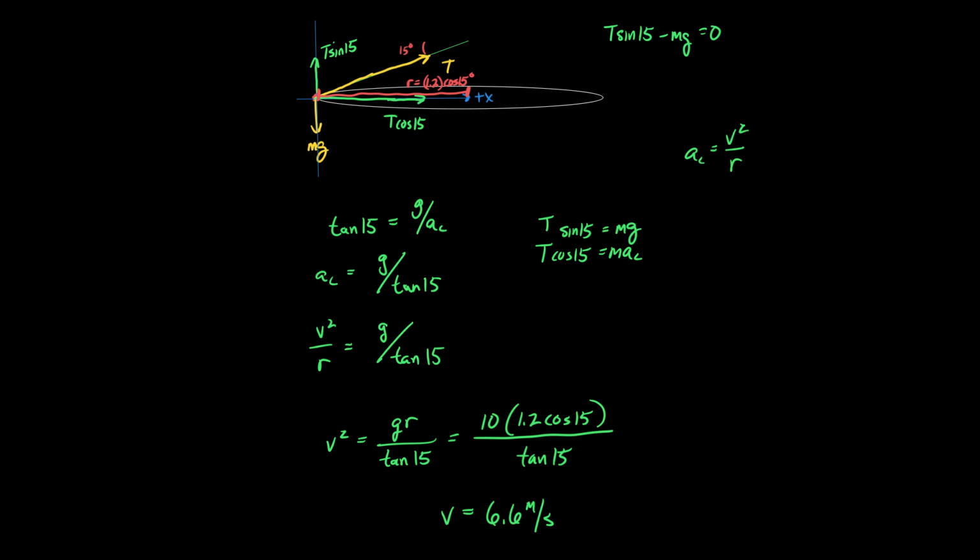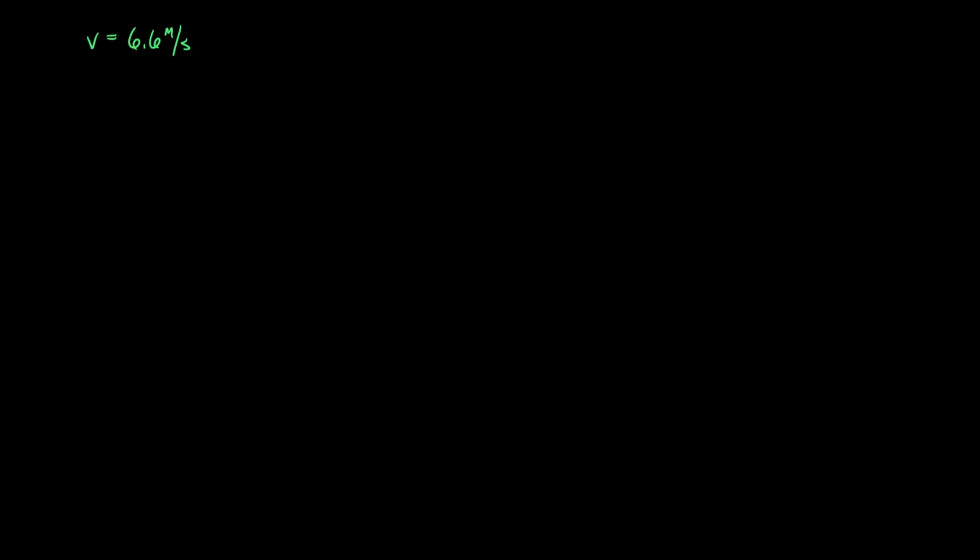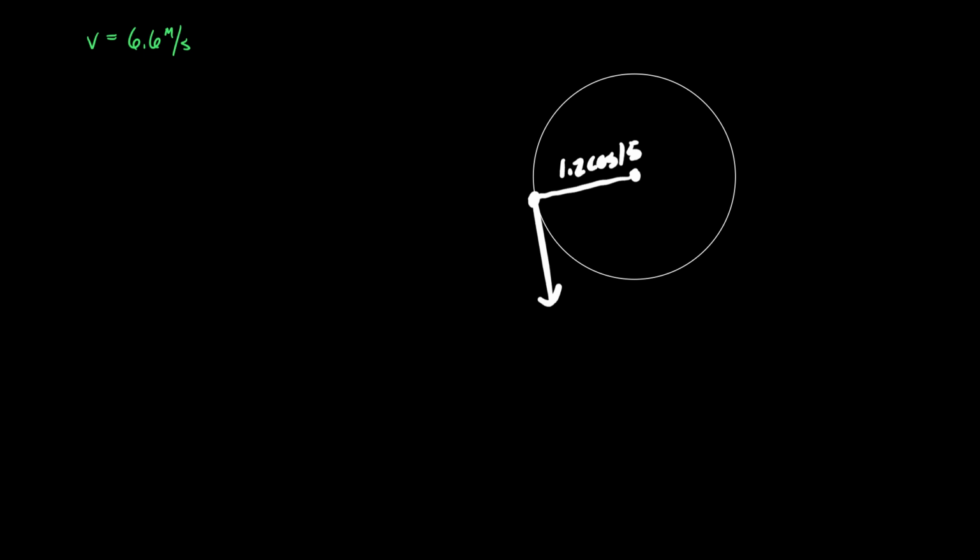It's algebraically the same. All right, so we're close to the end here. We're not quite done. It wants the final velocity of the rotational speed of the ball in RPM. We have the linear speed of the ball, and the linear speed of the ball is 6.6. So considering that it's traveling in a circle, the radius of this circle is 1.2 cosine 15, and it's got a velocity like that.